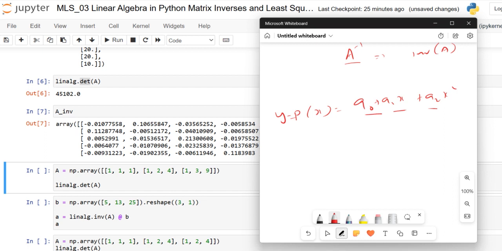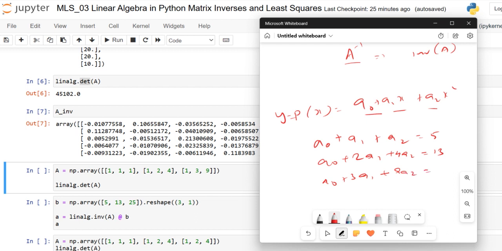I have already given some points, so with the same, I give 3 equations: a0 minus a1 plus a2 is equal to 5, and a0, sorry, here it is plus only, a0 plus 2a1 plus 4a2, which is equal to 13, and a0 plus 3a1 plus 9a2, which is equal to 25. So these are the exact equations.